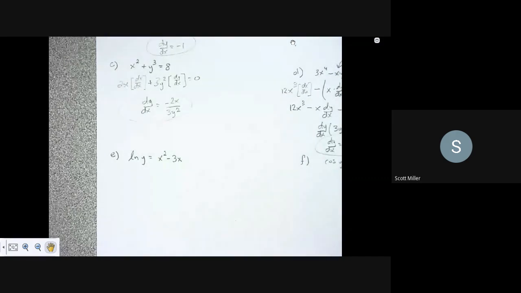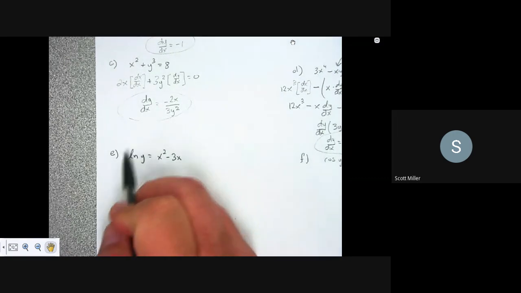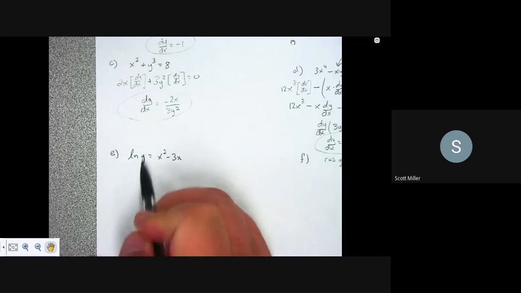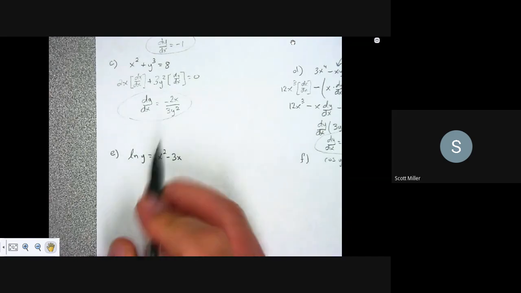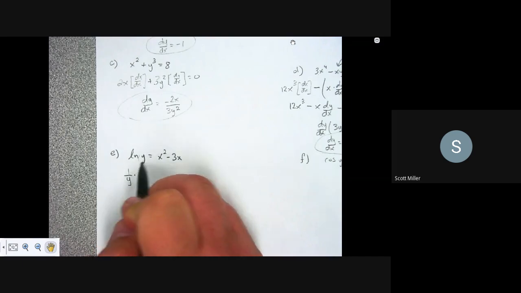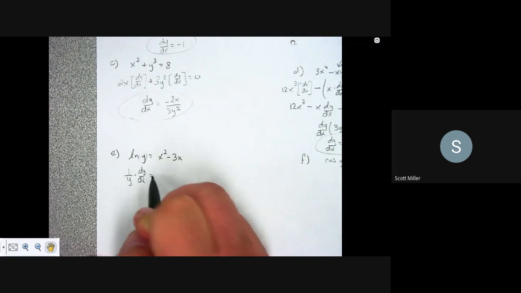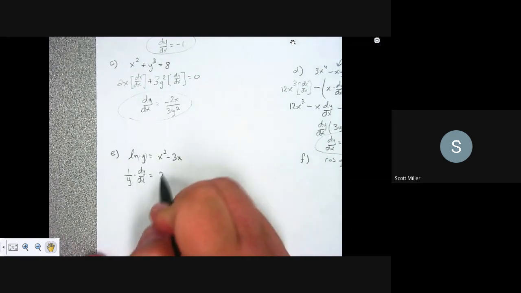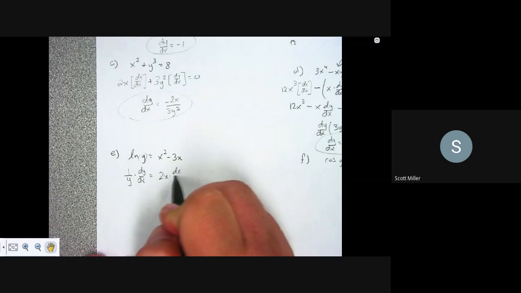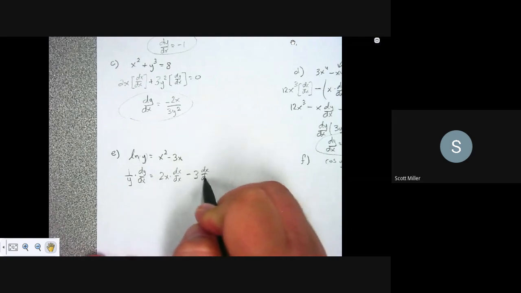Let's do this one right here. So we're going to take the derivative of this side right here with respect to x. This is the natural log of y. It is 1 over y times the derivative of the inside function, which is y, which is dy dx. This is going to be 2x dx dx minus 3 dx dx.